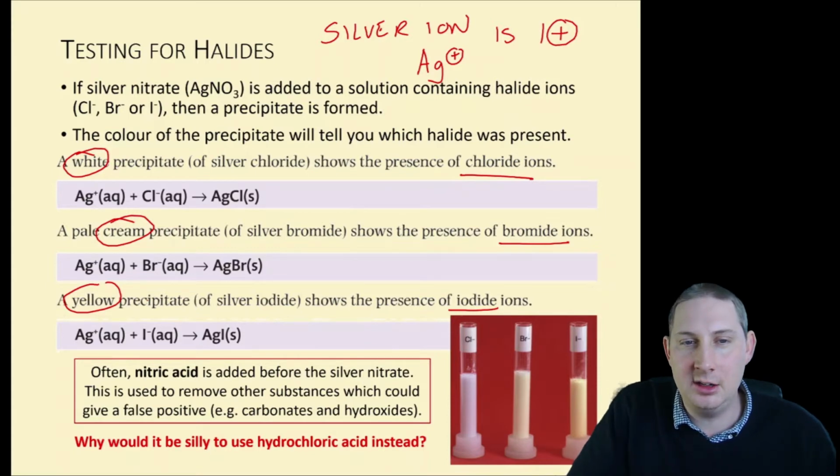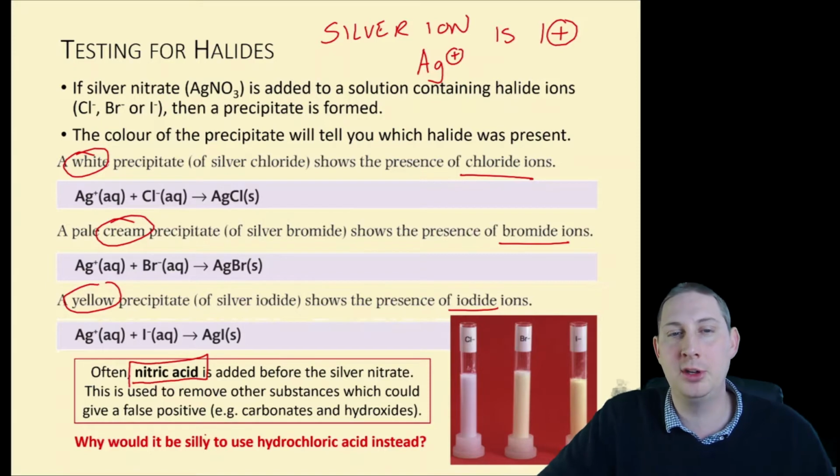As it says here, often nitric acid is added before the silver nitrate, and this is used to remove impurities that could give a false positive. So you might hear it referred to as acidified silver nitrate.